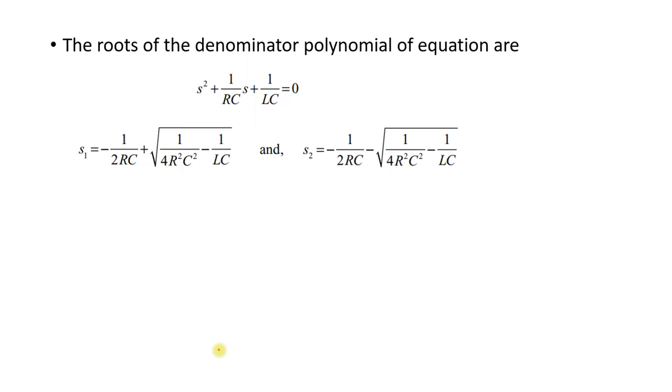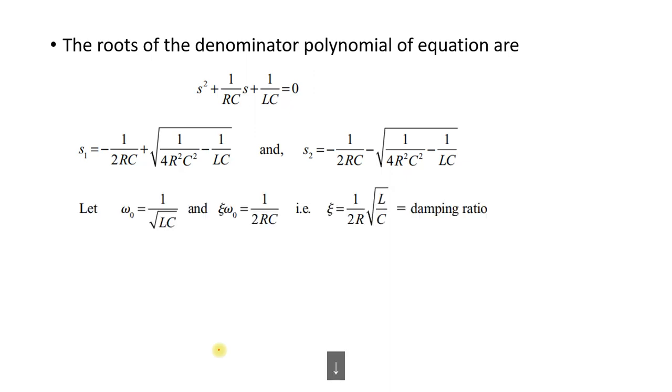Now you substitute these values. From this equation, I take 1 by 2RC as zeta omega naught, and 1 by root LC as omega naught, and 1 divided by 2R times the square root of L by C as zeta, which is called the damping ratio.